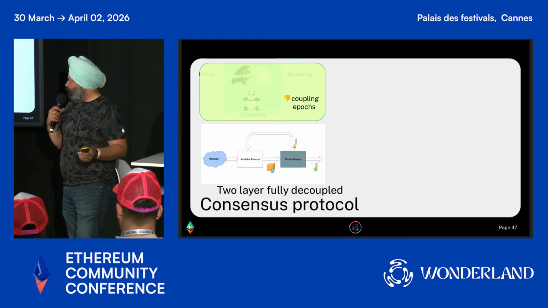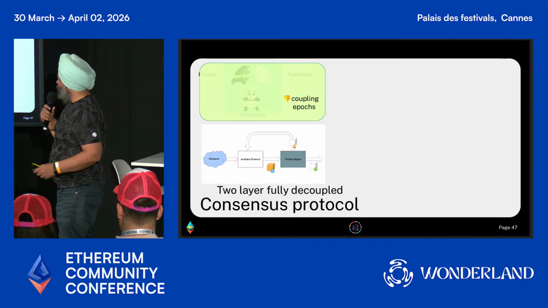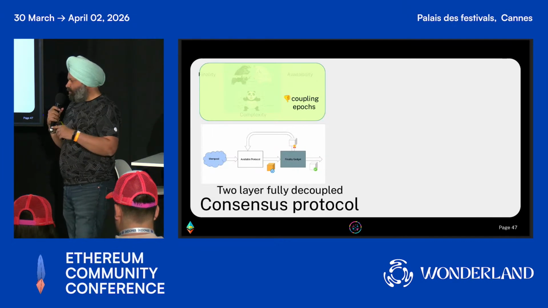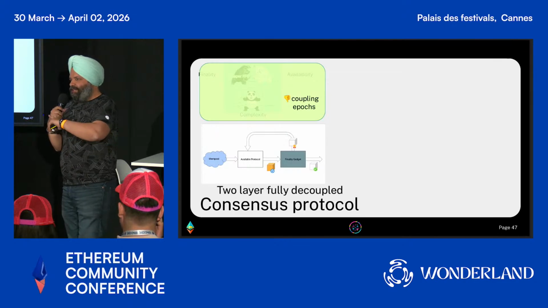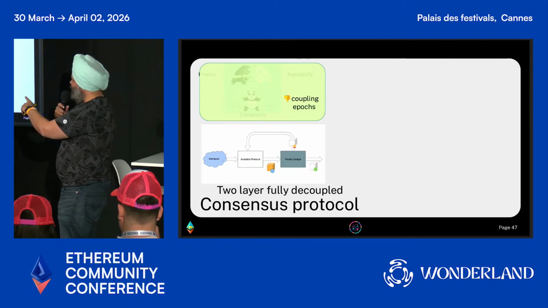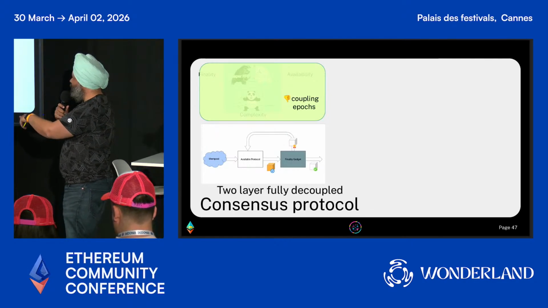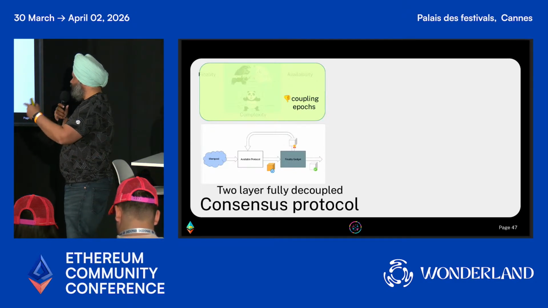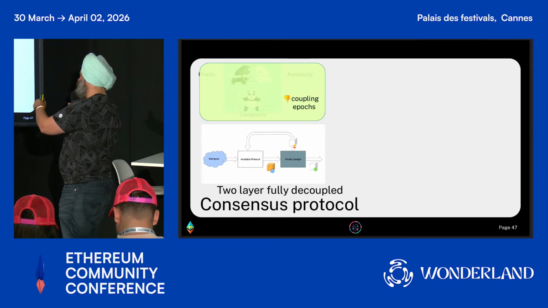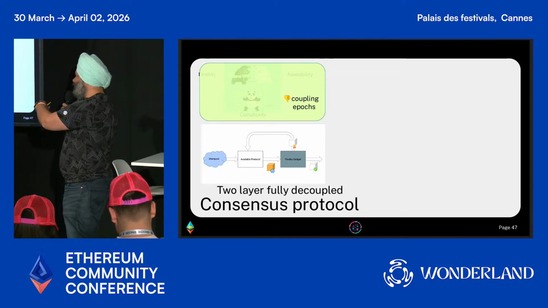So here we want a 2-layer fully decoupled consensus protocol. And this image is from Jan's presentation, but attribution will come later. So what is happening is that you want an available protocol, and then you want to run a finality gadget on top of it.